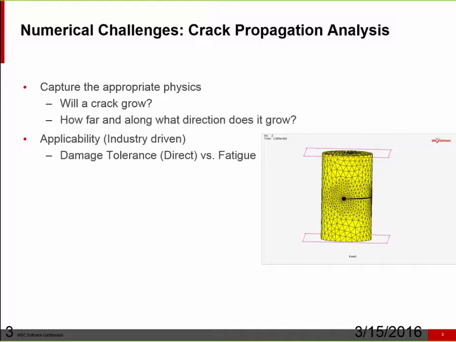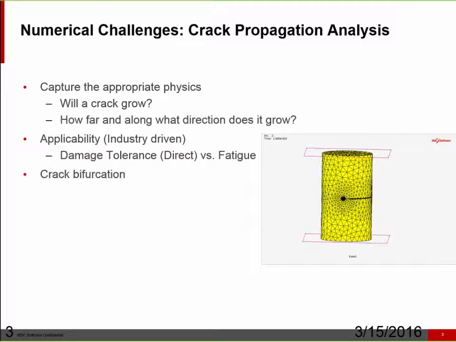For example, direct crack growth analysis under a damage tolerance, or fatigue crack growth analysis under repeated loadings. For structures with stiffeners, there are also questions for crack bifurcations when the crack goes into the intersections.